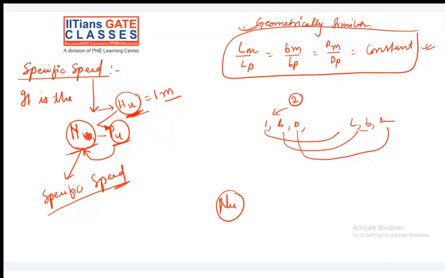Got the idea? So let us find out the expression for specific speed.